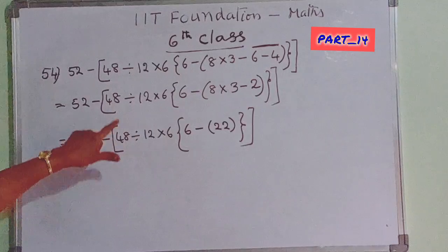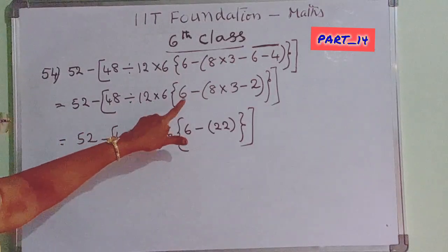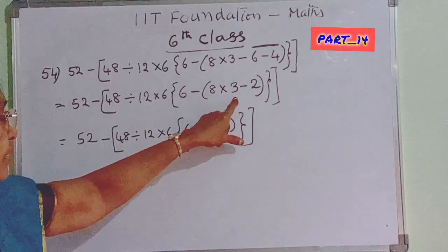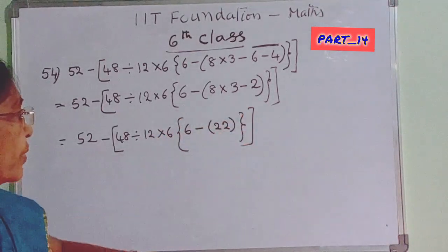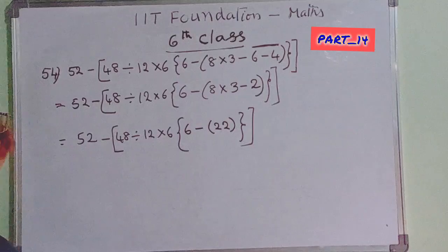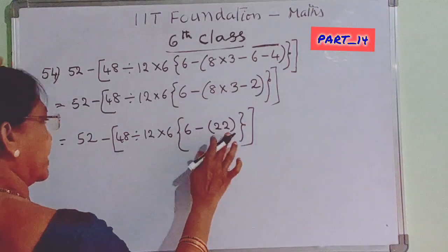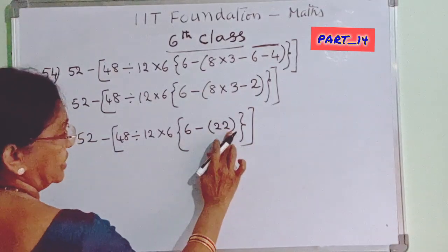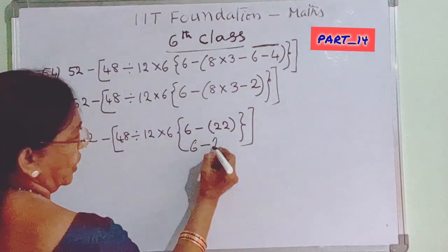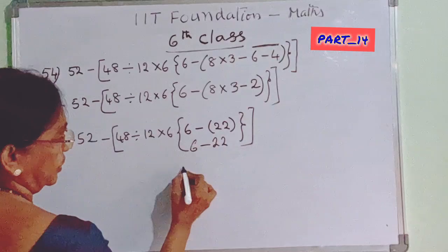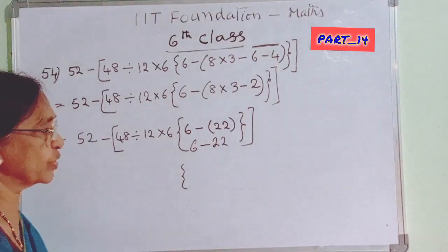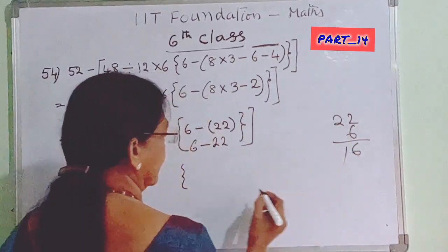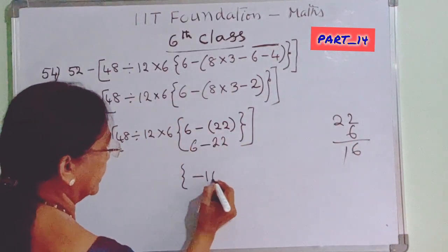Next we have to do this inside the bracket. 6 minus 22 becomes minus, 22 minus 6 is 16. Therefore this is minus 16.